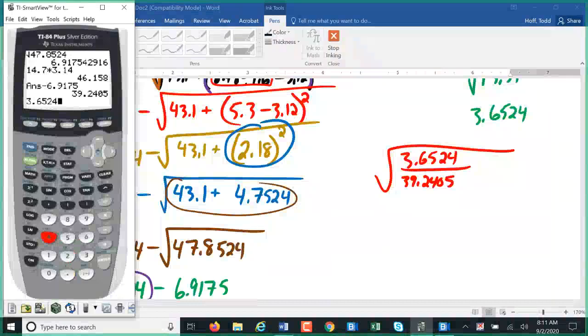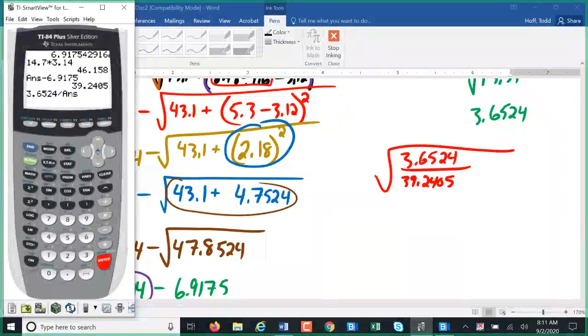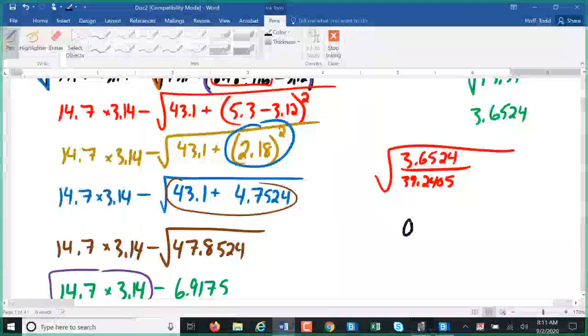3.6524. Now I'm going to show you a trick on these calculators. Rather than do divide and then have to type in the 39.2405, I do hit divide, but rather than typing in the number, I hit second answer. That's telling the calculator to use the previous answer that's displayed up above. I get 0.0931, we'll call that.